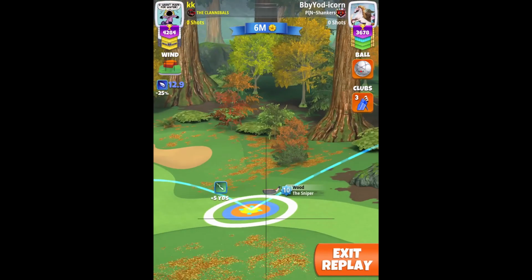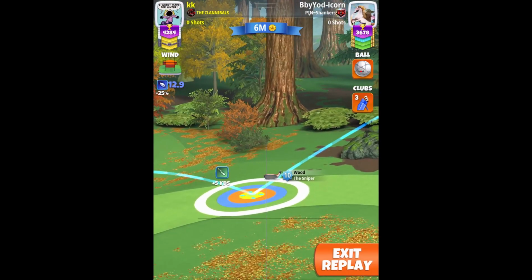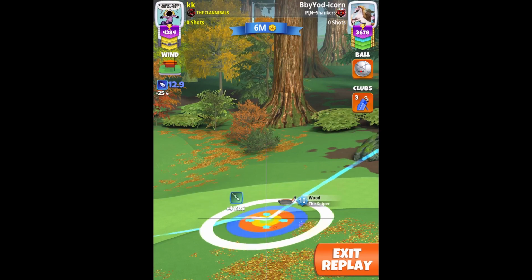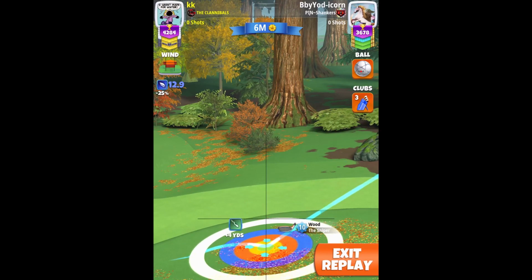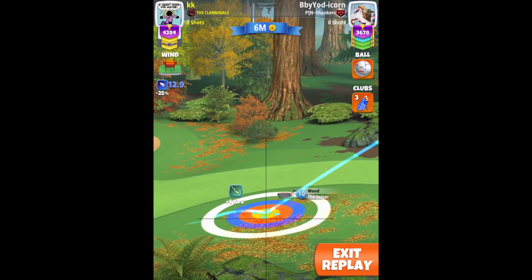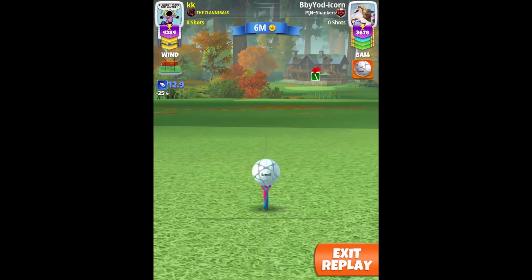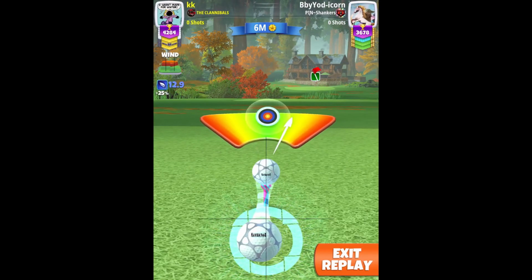Adjusting plus 15% max. I love this person's picture, by the way. And here I did about mid-circle left curl.